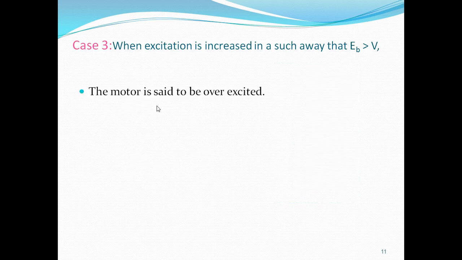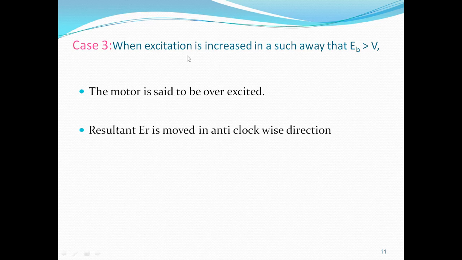So the third condition is when excitation is increased. When excitation is increased, then EB is greater than V. This excitation is called over excitation. In over excitation, that is EB is greater than V, ER is moved in anti-clockwise. That is, it moves like this, anti-clockwise.